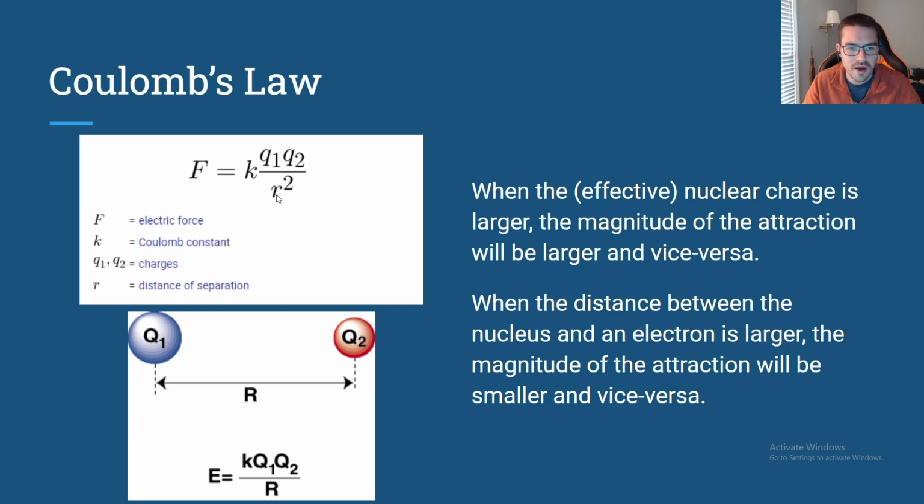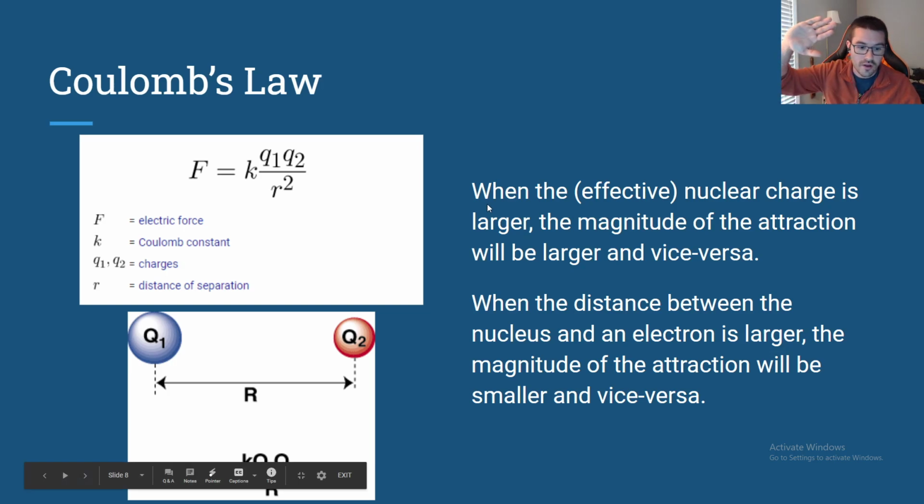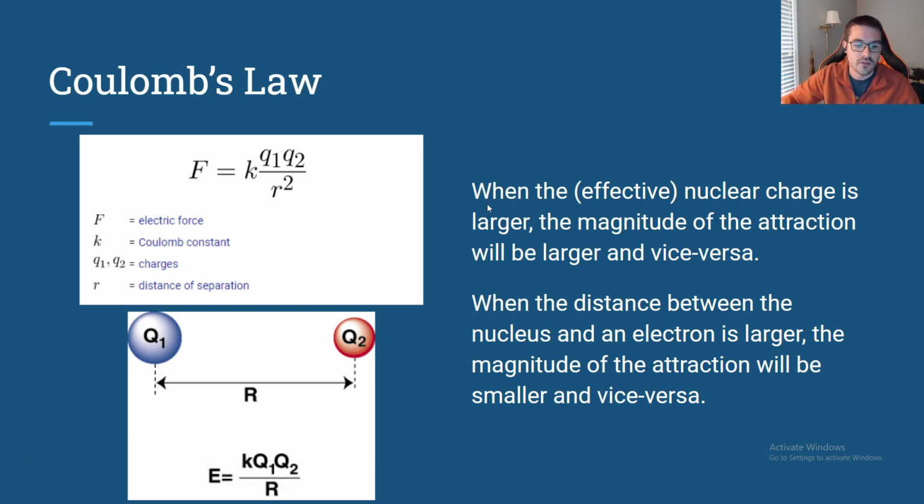All you really need to know is that as the distance between the nucleus and the electron increases, as you get further and further from the nucleus, this term in the denominator gets bigger, which means you're dividing by a bigger number, so the force goes down. So as the effective nuclear charge increases, F increases. As your distance from the nucleus increases, F decreases. That would be the exact same for the energy, because once again, Q1 is in the numerator and R or D is in the denominator.